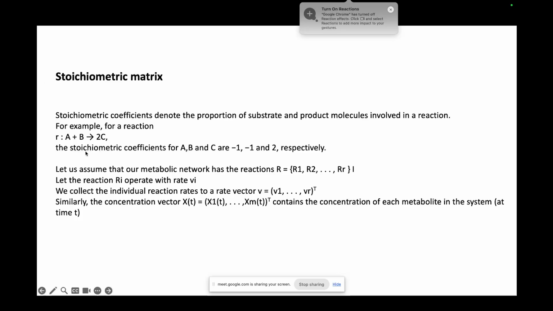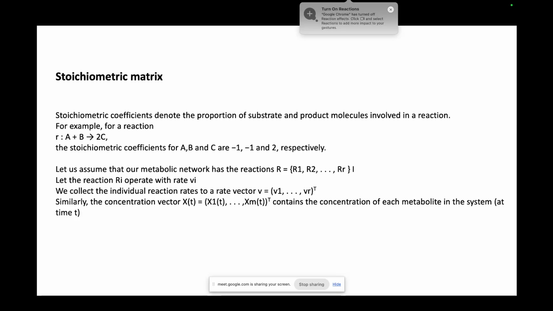A is getting used up, so the coefficient will be negative for A, and negative for B. But since C is getting formed, the coefficient of C is positive. So it's -1, -1, and +2 for A, B, and C respectively. This is what stoichiometric coefficients mean.